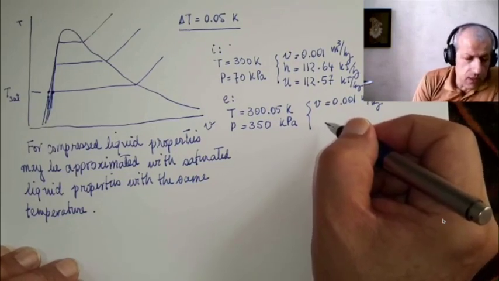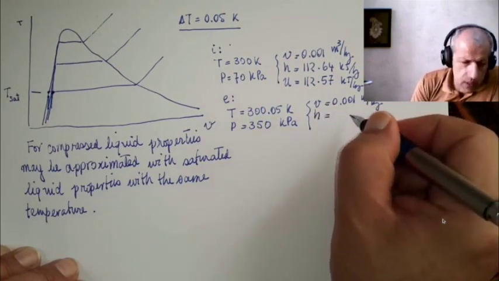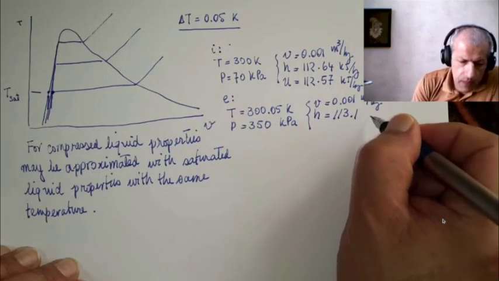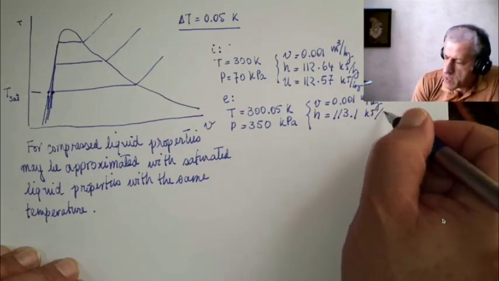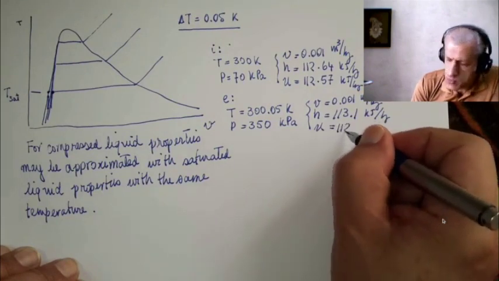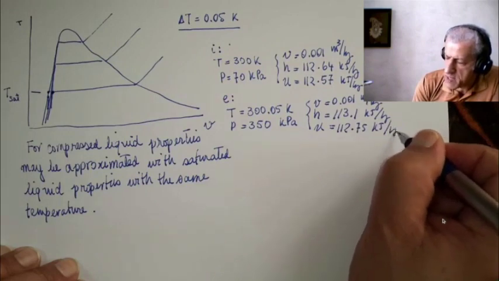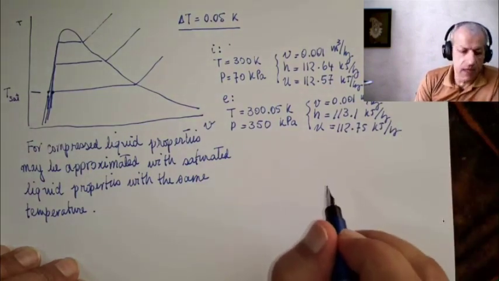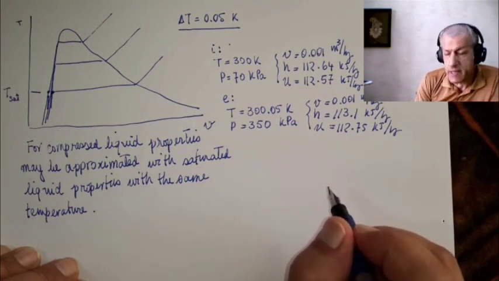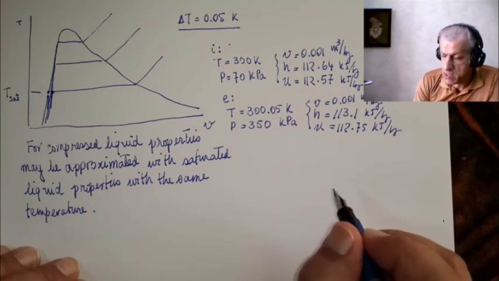We usually can ignore it. H equals 113.1 kilojoules per kilogram, and U equals 112.75 kilojoules per kilogram.